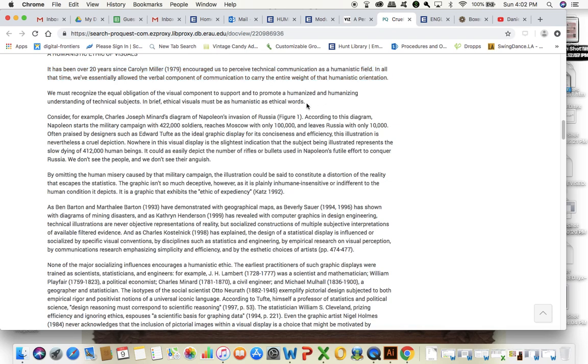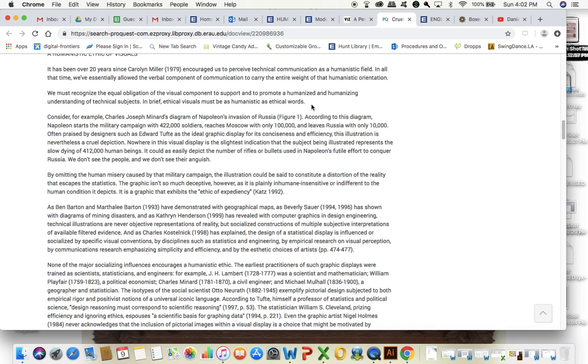So, for example, I'm a literature person, so I'm a humanist, but in English departments, which house things like literature, creative writing, and then they also house, more newly within the last 50 years, rhetoric and composition. And within rhetoric and composition, there's a subfield of technical communication.